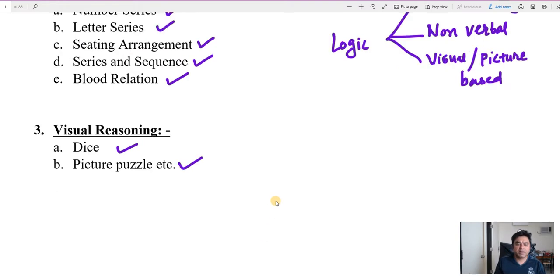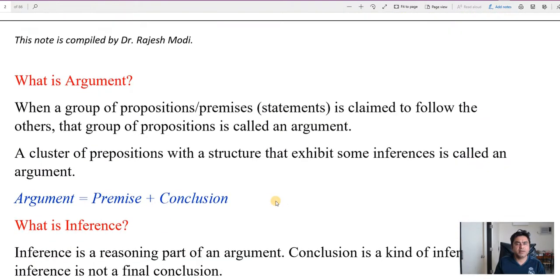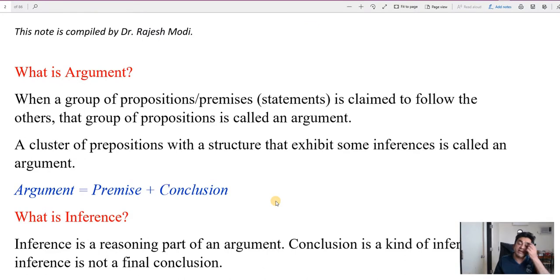Now we are going to start the logic, and the first thing that comes to mind is argument. So people ask, what is an argument? An argument is a group of propositions, meaning one sentence, second sentence, and third sentence. You put sentences one after the other in such a manner that it gives a comprehensive and cohesive argument.